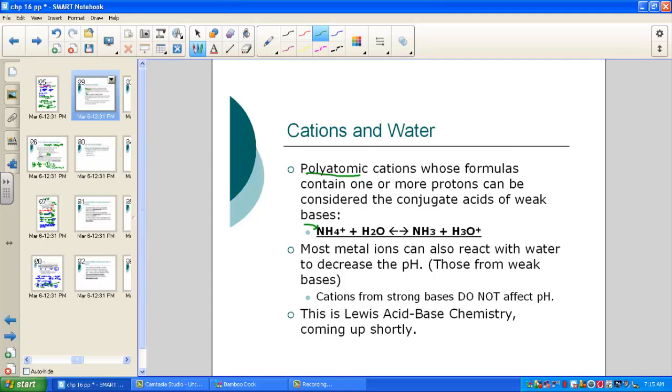Ammonium undergoes hydrolysis. See that? Adding water, hydrolysis, to form its conjugate base, ammonia, and the acid ion, hydronium, H3O+. The solution becomes more acidic because we've made hydronium.